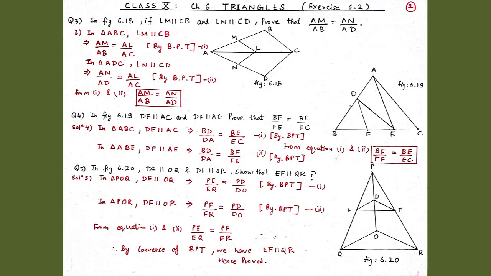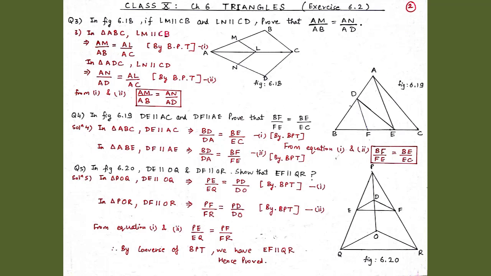See here, when we take the triangle ABC, according to our question, it is already given that LM is parallel to CB. So by applying BPT or Thales theorem, we can say that AM upon AB is equal to AL upon AC. And now similarly, we will consider triangle ADC in which LN is parallel to CD, which is given in our question.